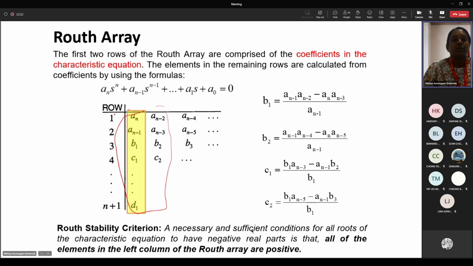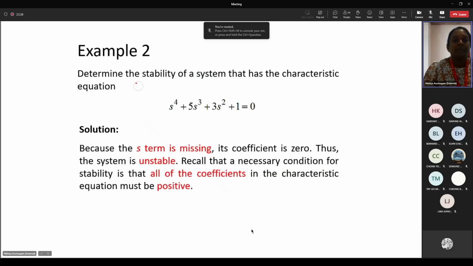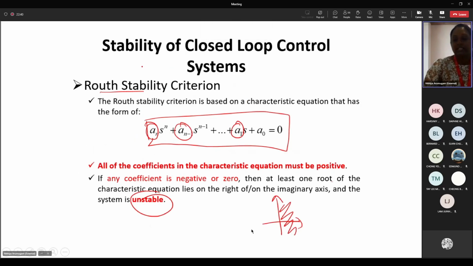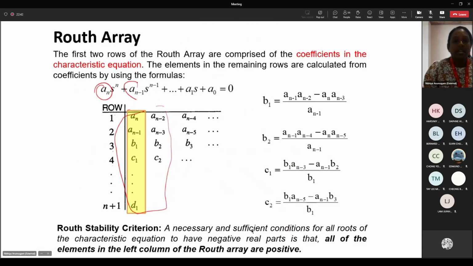So row 1, row 2, row 3, row 4, and we have the coefficients from the equation as an minus 1, b1, and so on up to the n plus 1 term. Here the rest of the terms can be calculated.